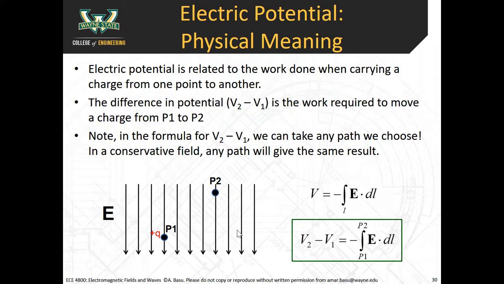It's going to move down, in the same direction as the electric field lines. It's not going to take work. If you release it from there, it would start moving on its own.